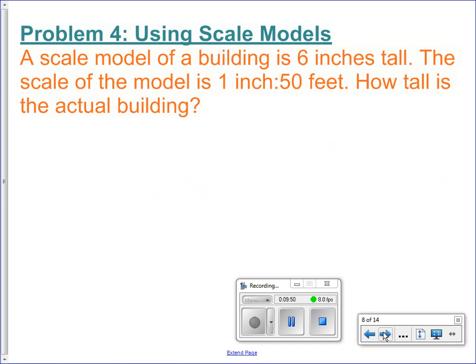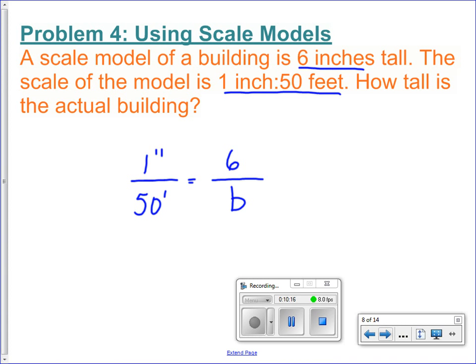All right, problem 4. The scale model of a building is 6 inches tall. The scale of the model is 1 inch is the same as 50 feet. How tall is the actual building? All right, so let's set up our scale, 1 inch to 50 feet. And so again, we want to put our inches on top, and the actual height of the building, I'll use B for building, is going to go on the bottom because it will be in feet.